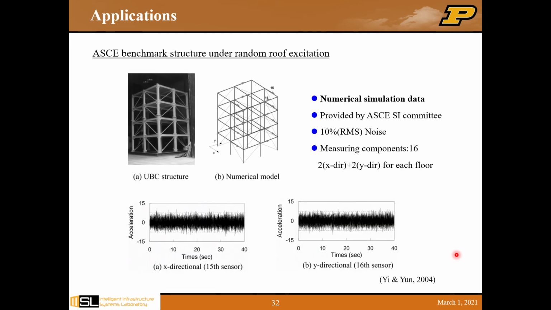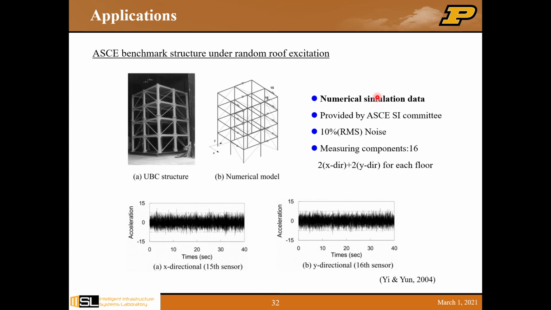So next section, I would like to describe the application that we found in the paper written by Yi and Yun in 2004. They use the AAC benchmark problem to evaluate the performance of different modal analysis strategies.